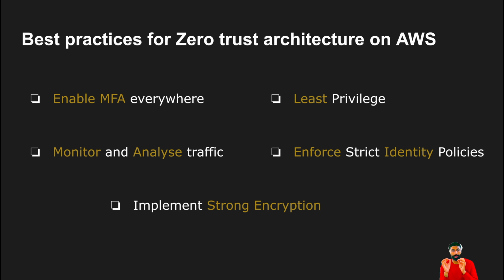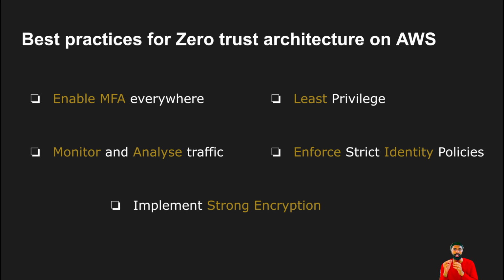The third best practice is to monitor and analyze the network traffic. You can enable VPC flow logs and you can analyze the traffic using Amazon GuardDuty to detect the threats. The fourth best practice is to enforce the strict identity policies. For this, you can use AWS Identity Center to centralize the identity governance, and you can also enforce the consistent access policies by using AWS Identity Center.